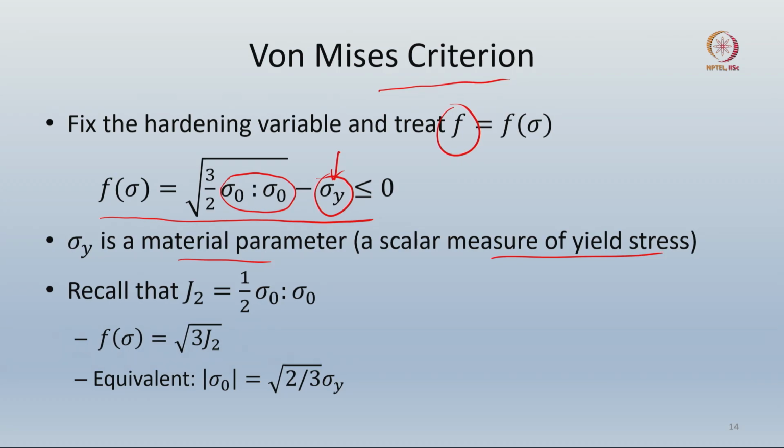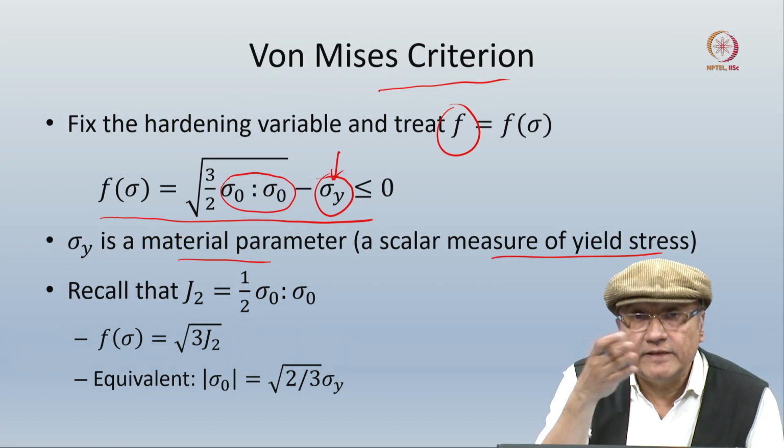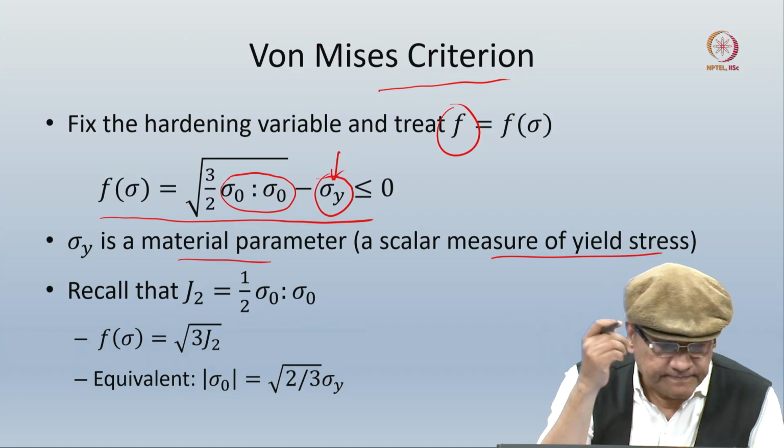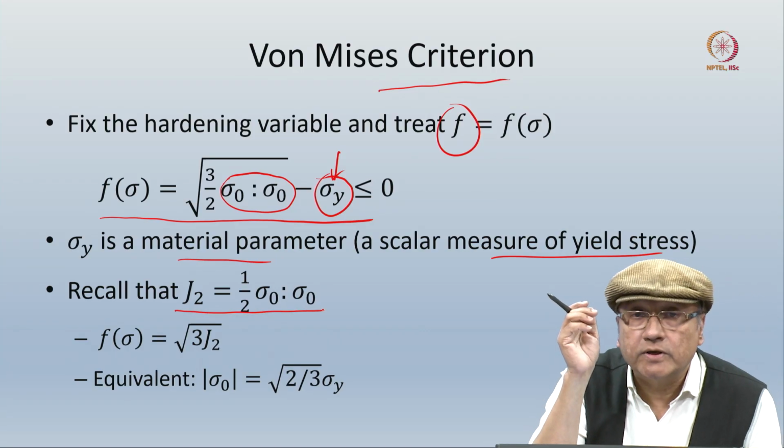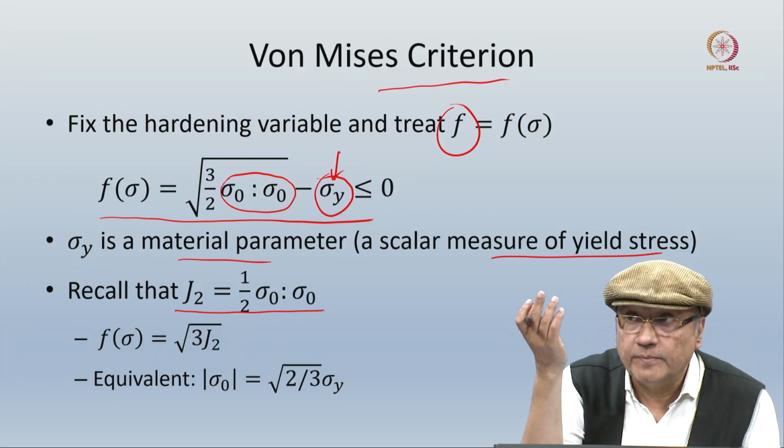You should now recall that any 3 by 3 tensor like sigma has 3 invariants. The first invariant is the trace, and the third invariant is the determinant of the tensor. The second invariant is half of the inner product of sigma_0 with itself, the Frobenius product.